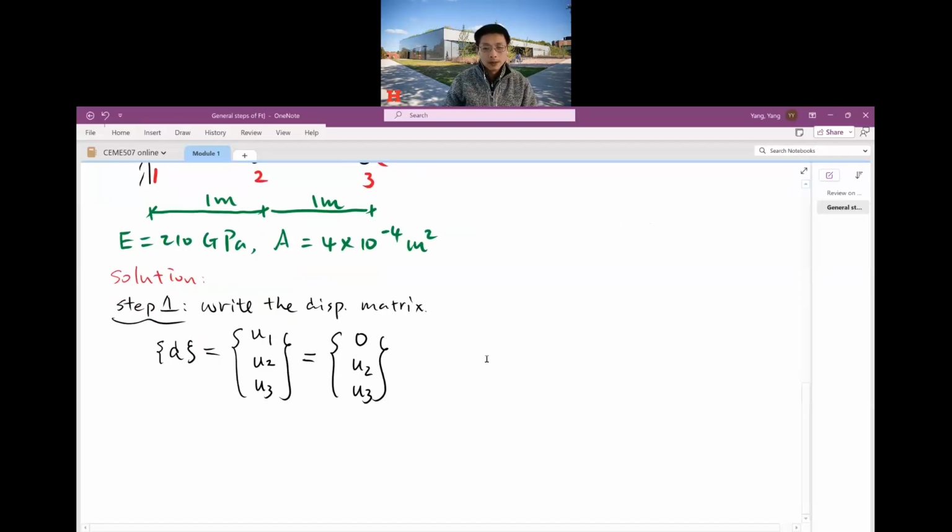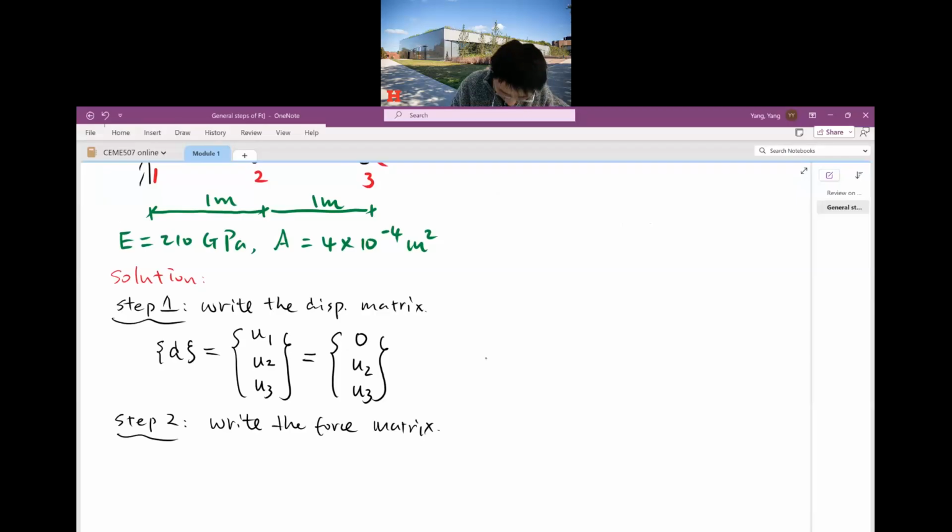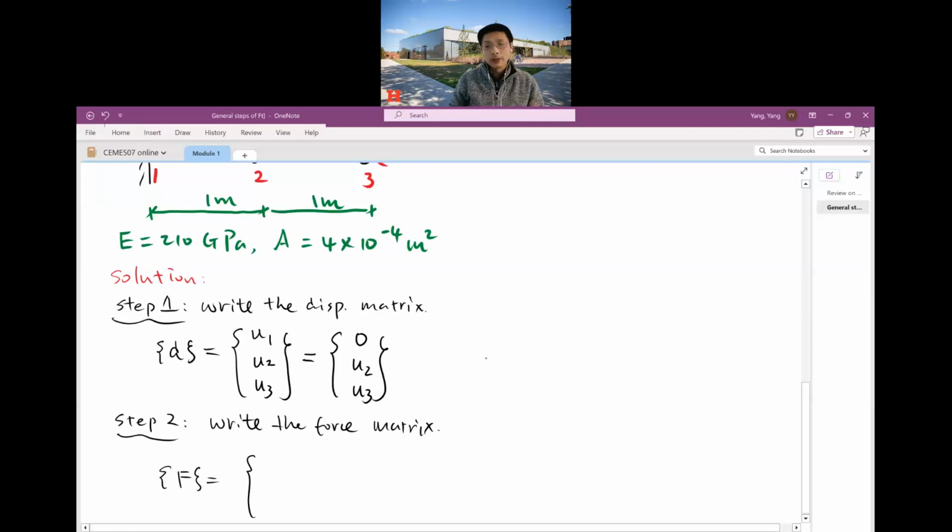Quite easy. Right? Step 2, we write down the force matrix. And so we have all the forces here. We consider the force in node 1 in the x direction.